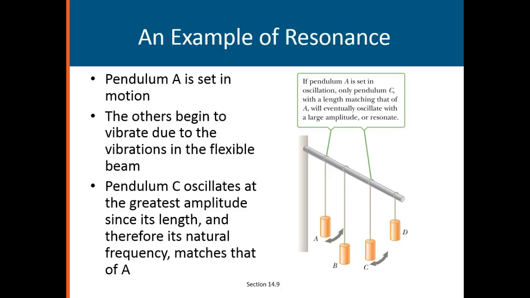But pendulum C actually starts oscillating at the greatest amplitude, since its length, and therefore its natural frequency, matches that of A. So if pendulum A is set in oscillation, only pendulum C, with its length matching that of A, will eventually oscillate at a large amplitude, or in other words, resonate with A. That's at least an introduction to resonance. Let's see if we can go a little deeper with it.